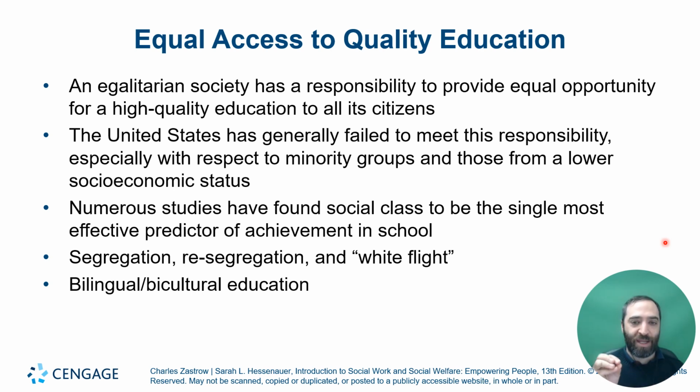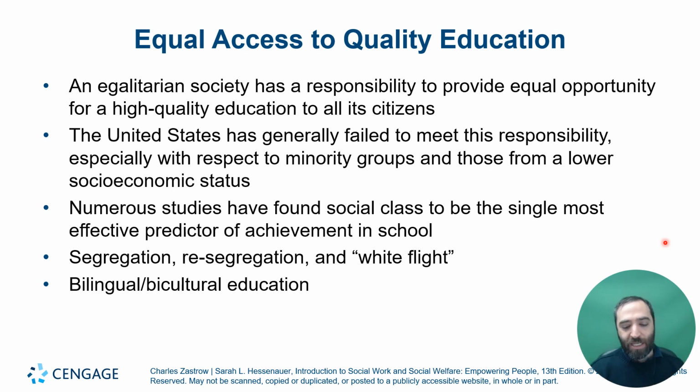So you tend to have white schools who have a few Latinos, a few Asians, but are predominantly white. And then you have schools that are predominantly African American, with a few Latinos and a few whites. So we still have segregation, right?